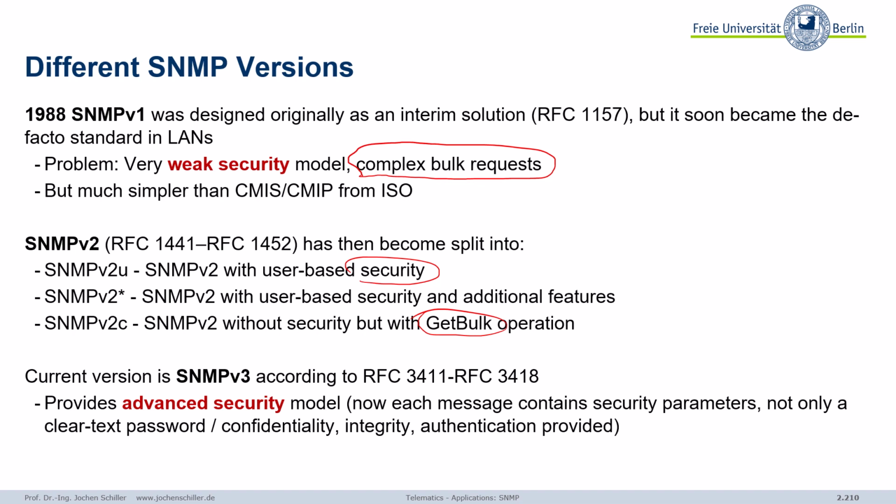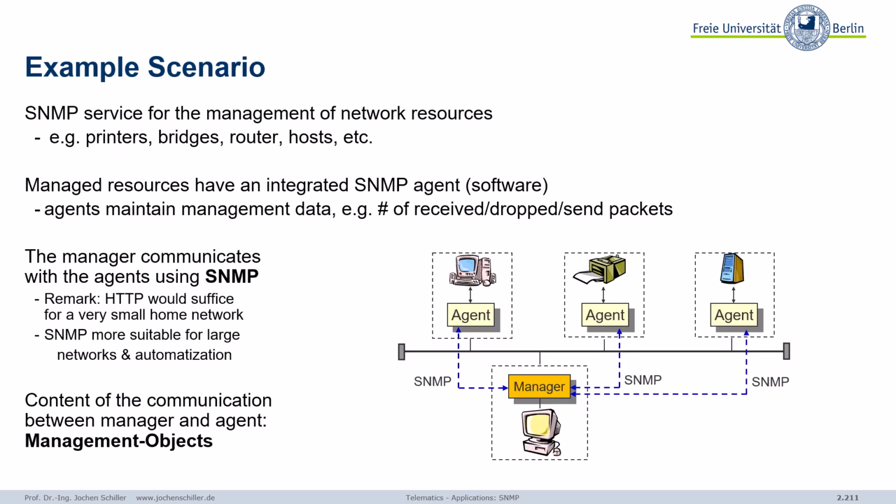Okay, so we see there's also some history, but how does it work? Example. So let's assume we have a very, very simple network with only 3 devices. We have somewhere our server, we have a printer, we have a PC. On all those devices, you have a software process, our agent, up and running. So you have this agent, and this agent talks SNMP.